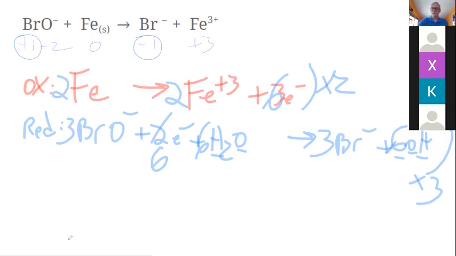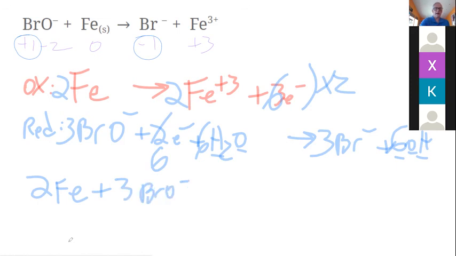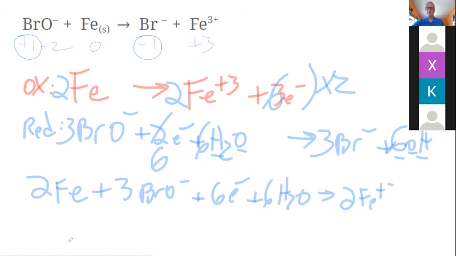So the last thing I do then is add everything together. Everything that's on one side of the reaction, I add together. So I have 2 Fe plus 3 Br minus plus 6 electrons plus 6 waters make 2 Fe plus 3, 6 electrons, 3 bromide ions and 6 hydroxide ions.